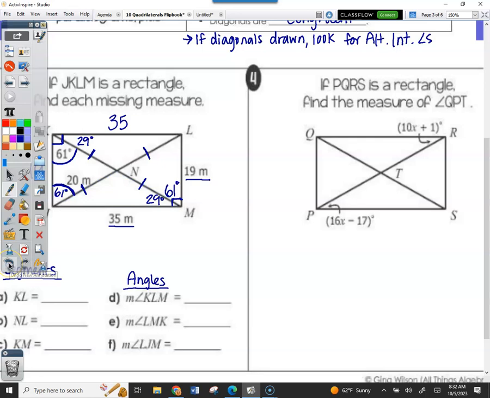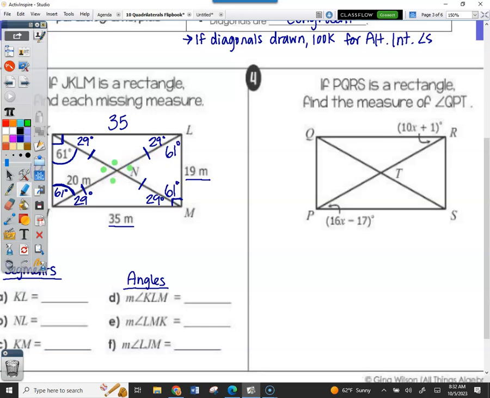So if that's 29, what's this? The bottom one, 29. Then come over here. What about this? 61. What about this? And you might be thinking, well, that's not all the angles in there. What about the ones in the middle? Look right here, here, here, and here.